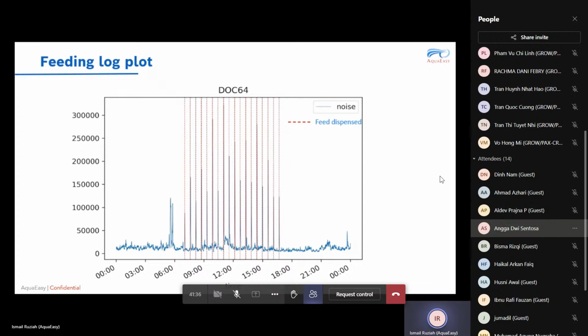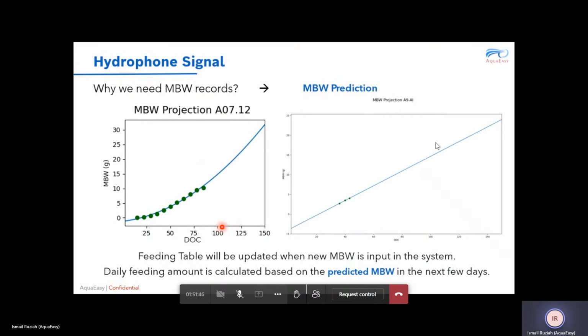This pond, this pond and this pond BW. So the MBW projections don't need to be super accurate. If it's super accurate, of course, it's great, but it doesn't need to be, because on the ground, when the streams respond with demand for feed, they will still be fed additional. So the system still copes with this on its own.